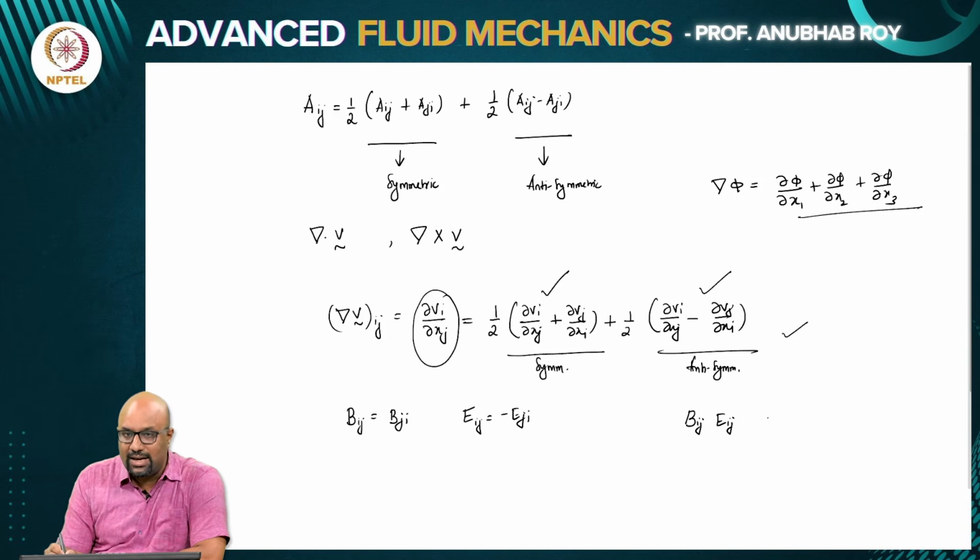Now, what is Bij Eij? First question is it a vector, is it a second order tensor, or is it something else?